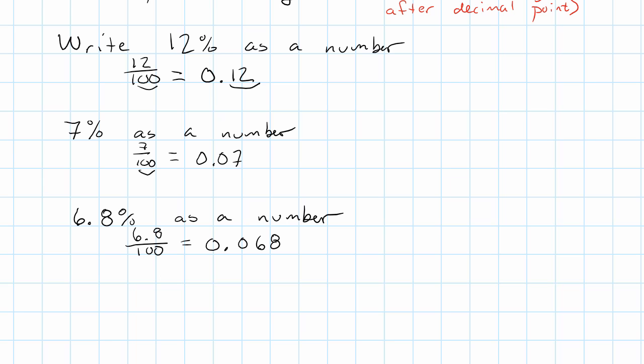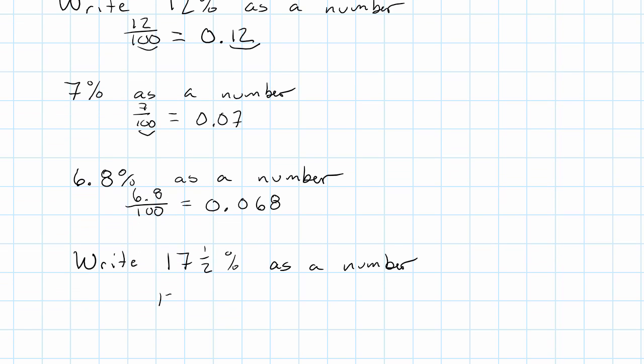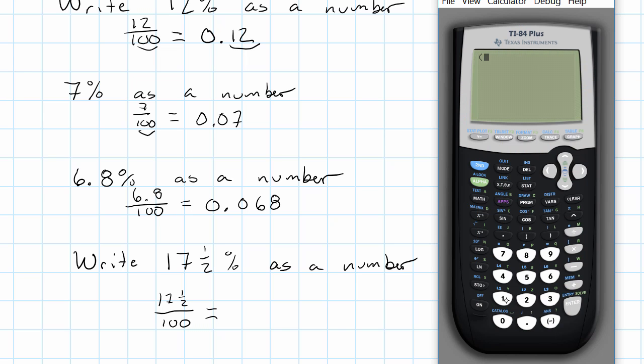We could write 17.5% as a number. That's going to be just 17.5 out of 100, which we could do that calculation by hand, but it's fiddly, so we can also do it on the calculator. We'll say 17.5 out of 100, 0.175.